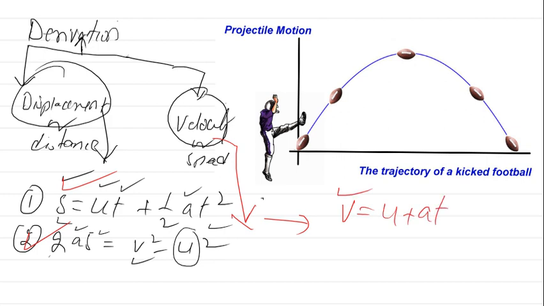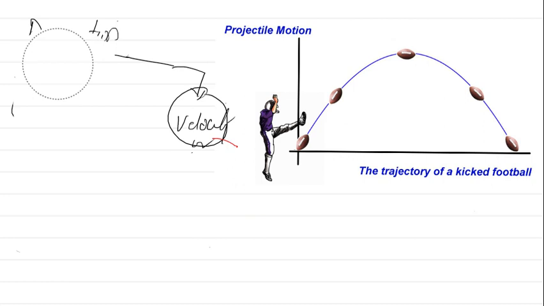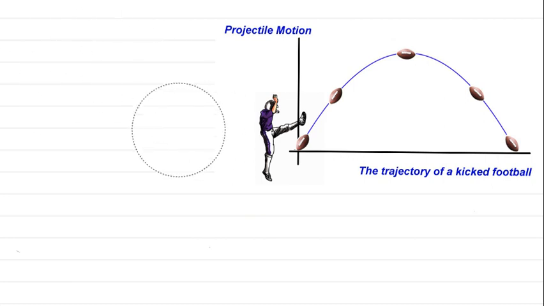Here v is the velocity, u the initial velocity, a the acceleration, and t the time. We will use it just to derive the formulas of the velocity components, or the distance or displacement components, when working on projectile motion.